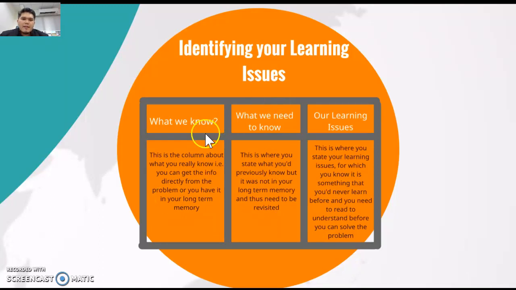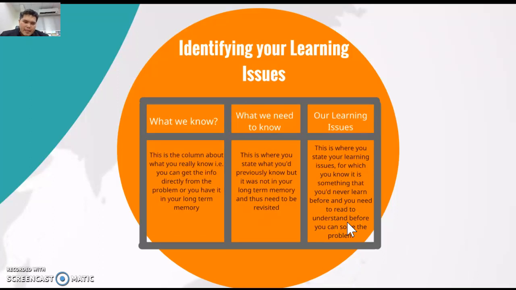But at the same time, what you need to know is where you state what you previously knew but was not in your long-term memory and needs to be revisited. For example, maybe you are not sure about the geographic location of Padang, so you need to go back to the map. This is something you knew before, but you need to revisit. And the learning issues are where you state something that you have never learned before and need to read to understand before you can solve the problem.